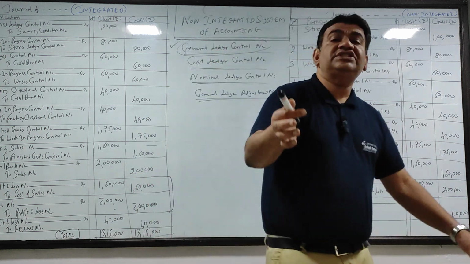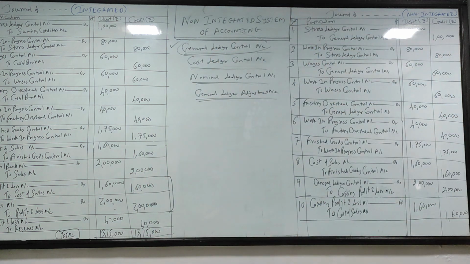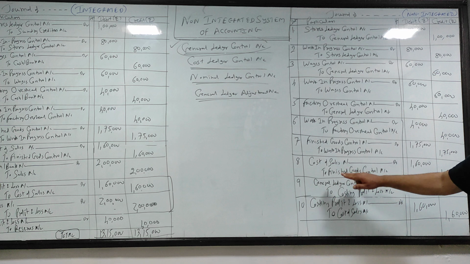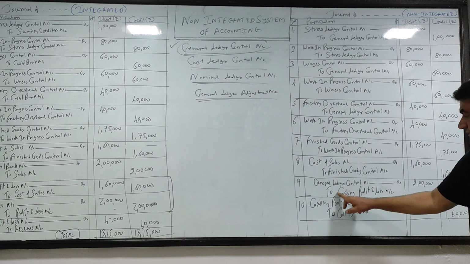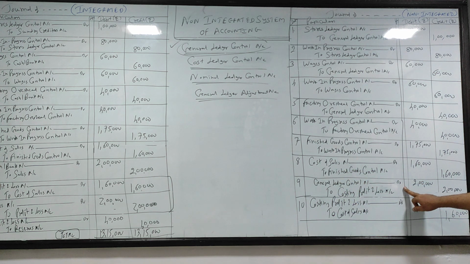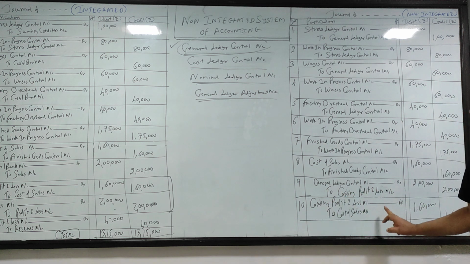So now see the entries connected with costing P&L. Till here there is nothing. Number 9 credited costing P&L. Number 10 debited costing P&L. So costing P&L credit 2 lakhs, costing P&L debit 160.